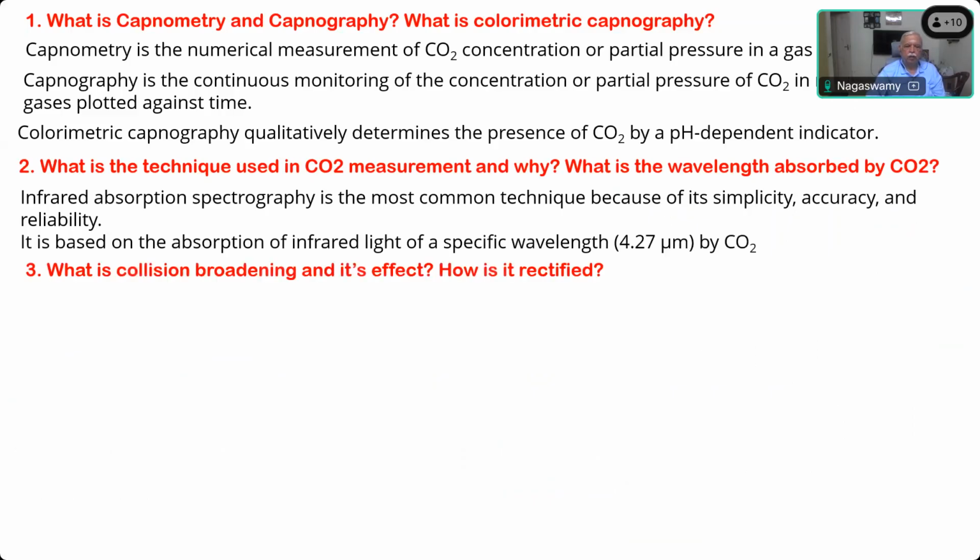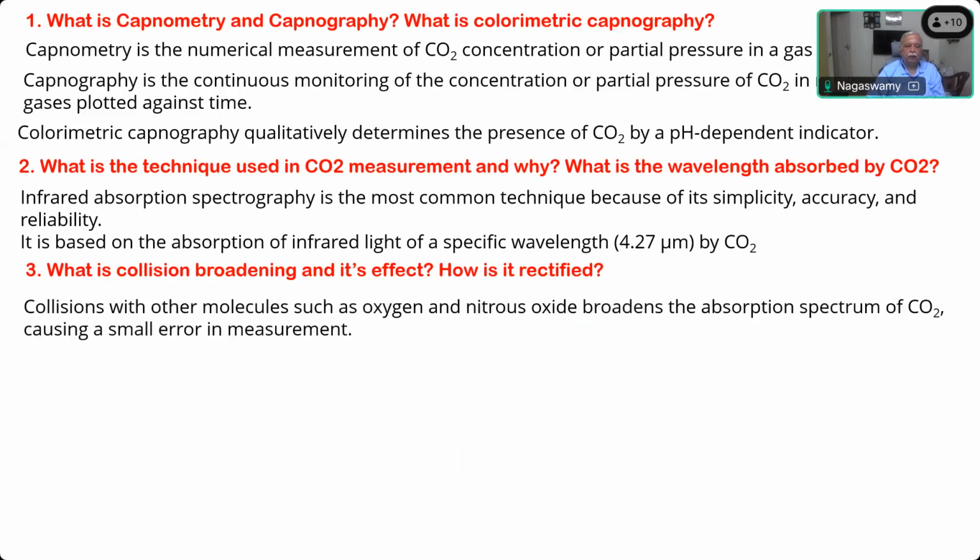What is collision broadening, its effect, and how is it rectified? During capnography, this is one of the questions that can be asked in the exam. Collision with other molecules such as oxygen or nitrous oxide broadens the absorption spectrum of carbon dioxide, causing a small error in measurement.